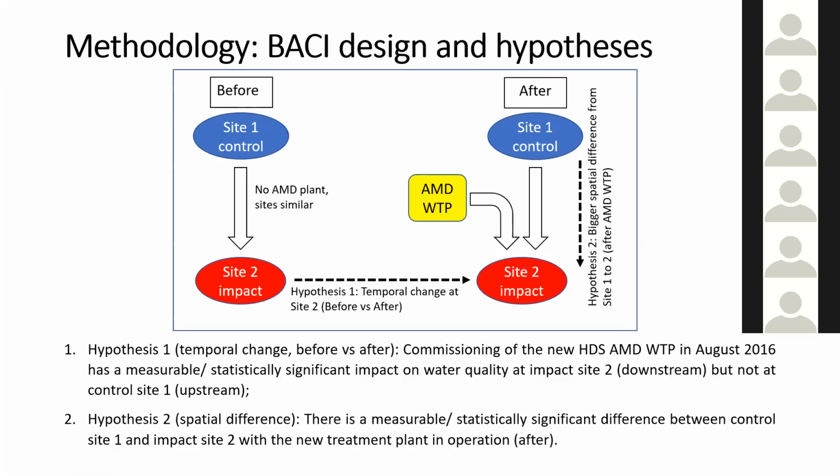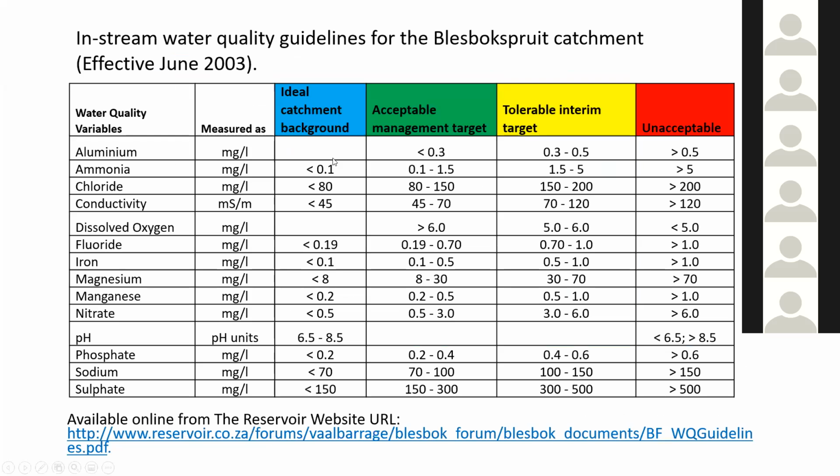Okay. All right. So I just want to move on to the water quality guidelines used for this study. The water quality guidelines are the same guidelines that are used in the water quality reports by the Blesbokspruit Forum, and those are for the Blesbokspruit catchment. They're also available from the Rand Water website along with the data.